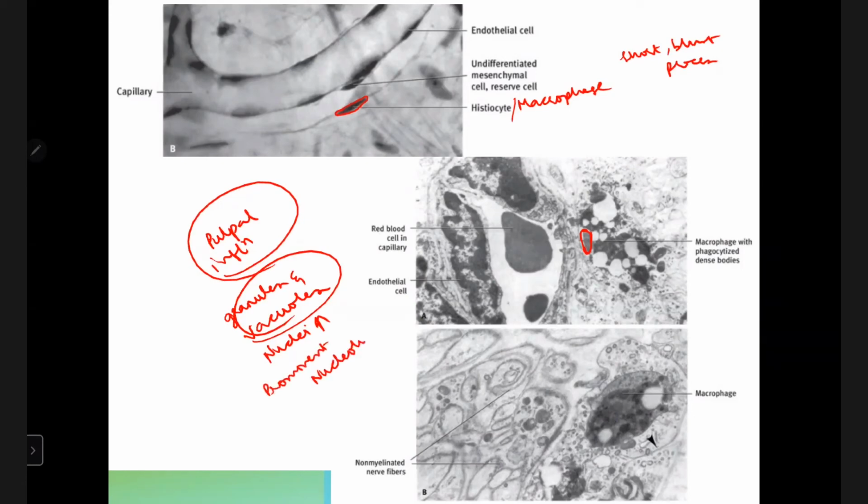These three points you need to understand. So this macrophage will actively ingest the foreign materials. If it is not ingesting, if it is inactive, we cannot distinguish it from the fibroblast. In case of pulpal inflammation, the macrophage will have a lot of granules and vacuoles, increased nuclear size is seen, and there is a prominent nucleolus.